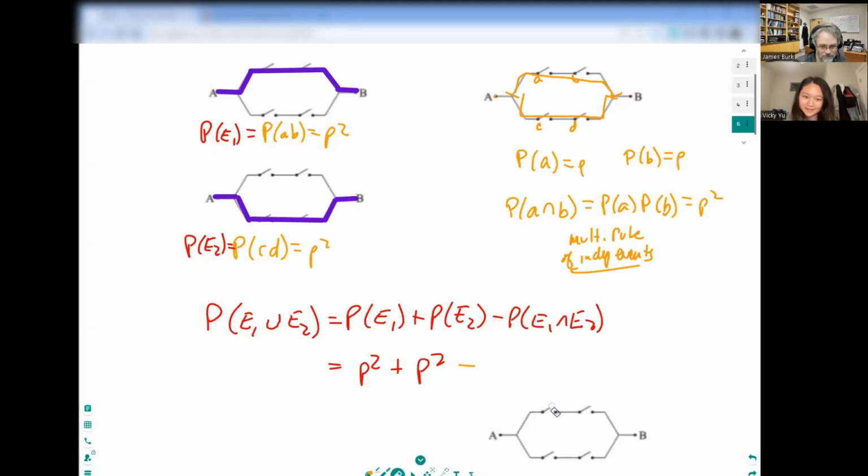The probability for each one closing is what? P. The next one closes, P. The next one closes, P. And this one is P. They're all independent. P to the fourth. So here's our probability. Wow. See if that makes sense to you.